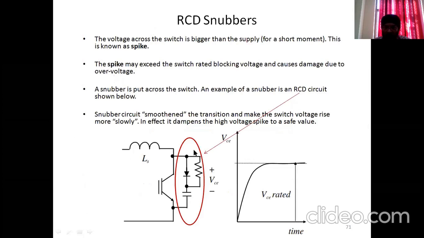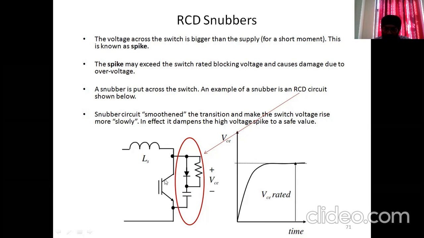How to do that? We need to connect a snubber circuit. So you know that when this current flows, if this diode is forward biased, the current will start to flow here because this switch is turned off, posing high resistance to the current.